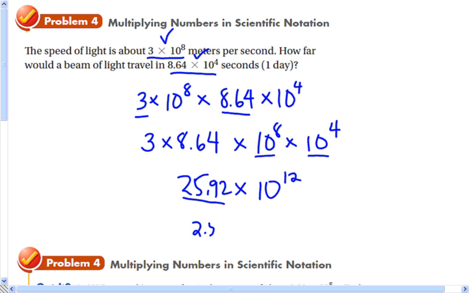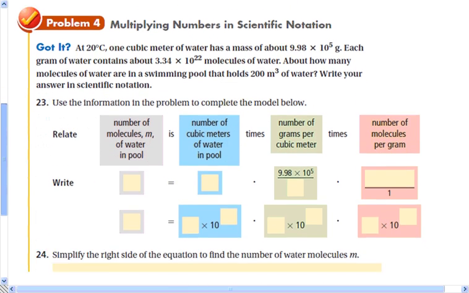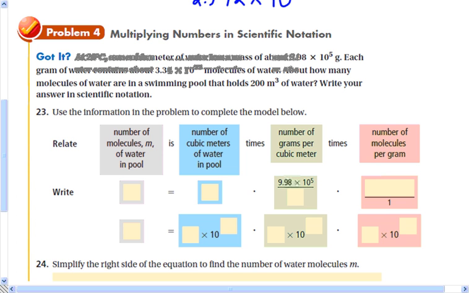So I'm going to move the decimal over one place to 2.592. And then if I move the decimal 1 to the left, in other words, I'm making that number smaller, that means I need to multiply by 10 one more time. So make that 10 to the 13th. All right. Go ahead, you try it here. Check back with the answer.